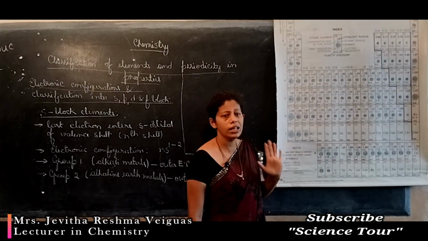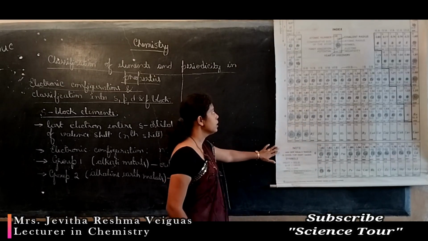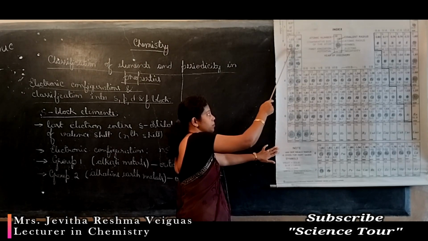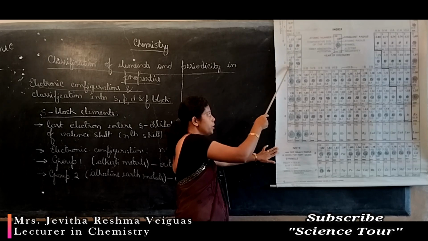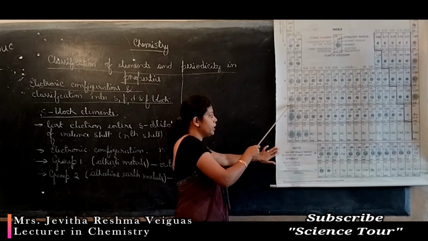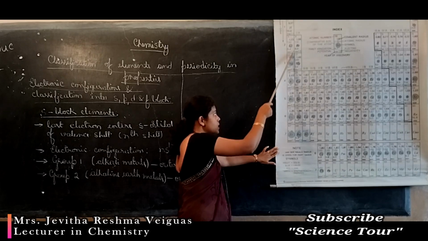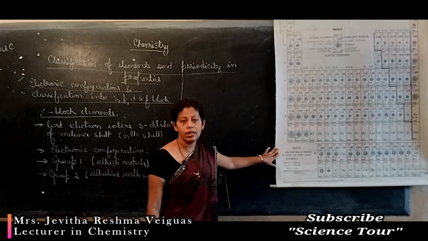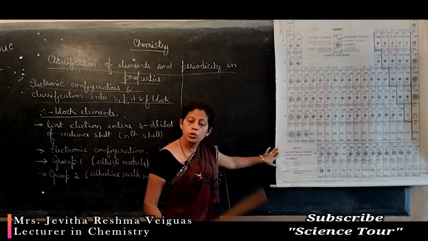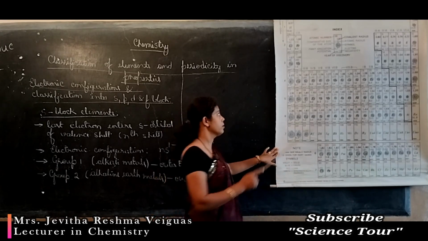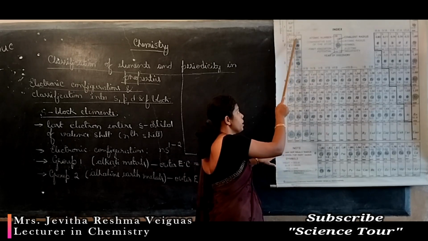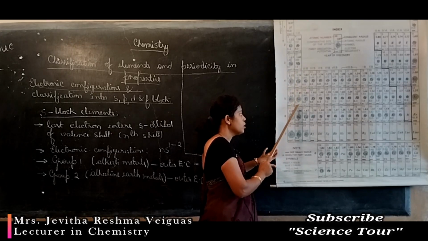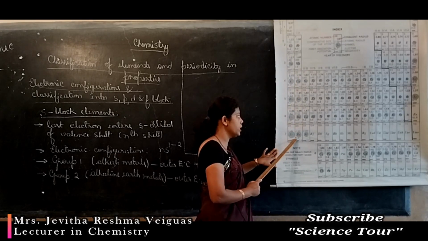Which are the alkali metals? Here you can see atomic number 3, that's lithium. Lithium, sodium, potassium, rubidium, cesium, francium. These are the elements belonging to group 1 are called as alkali metals. Group 2 elements, they are beryllium with atomic number 4, then comes magnesium, calcium, strontium, barium, radium.